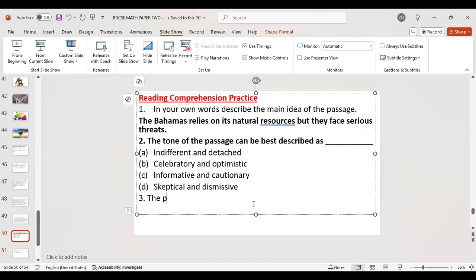The phrase, quote, natural beauty is itself a resource, which can be found in paragraph 4, most nearly means what?